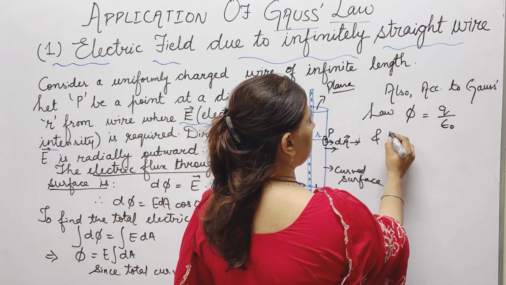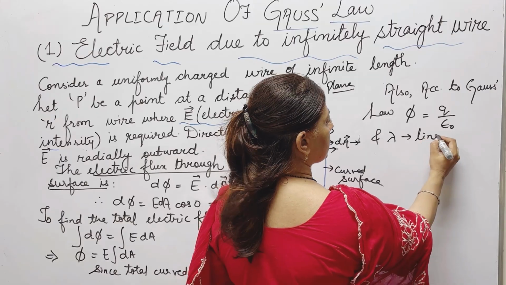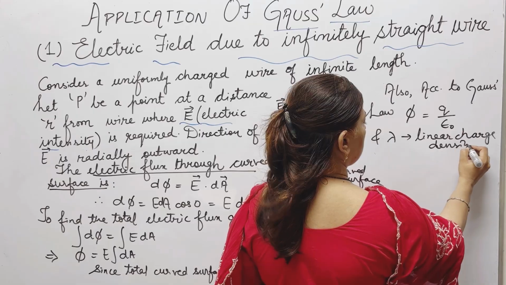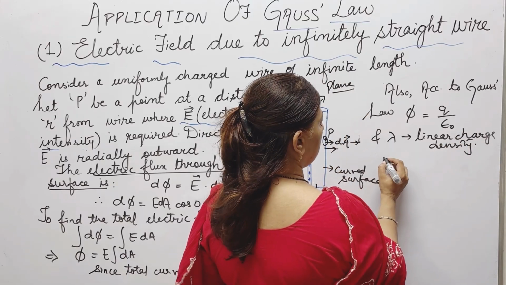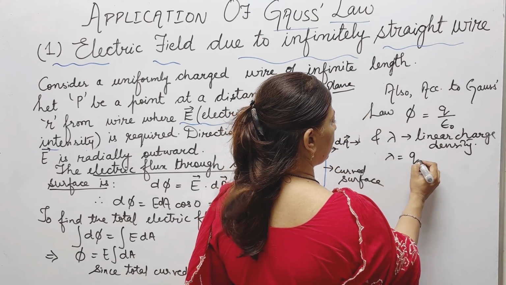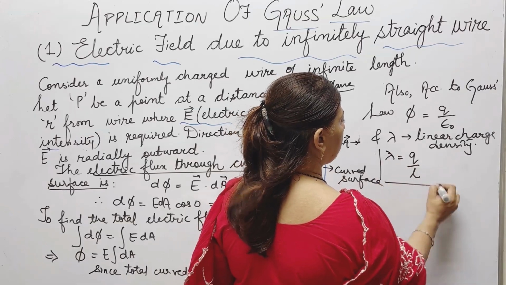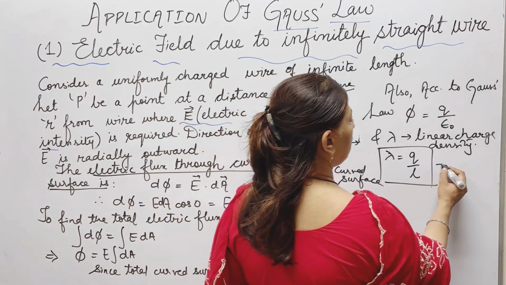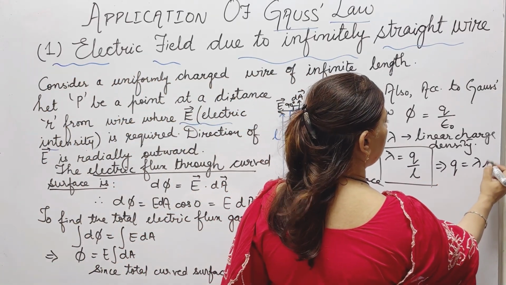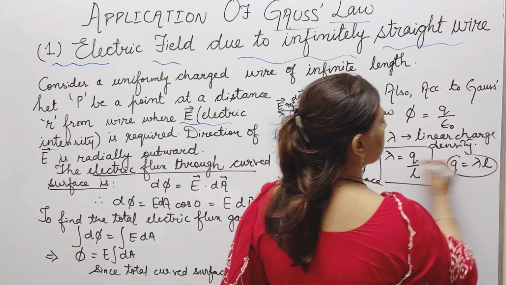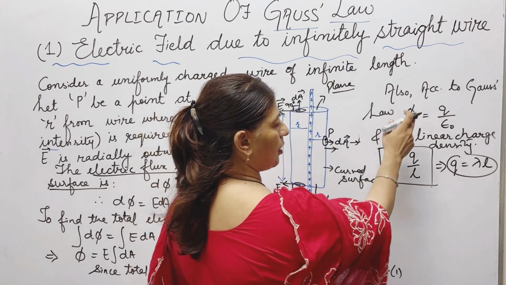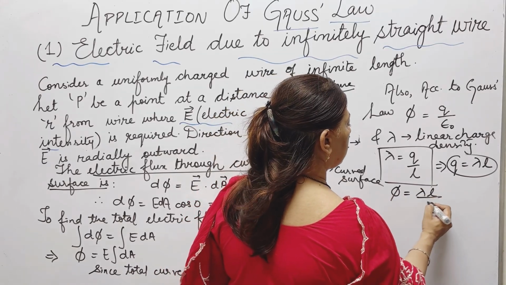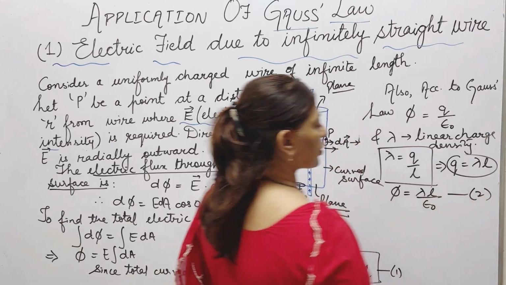If lambda is the linear charge density of this wire, then lambda is equal to Q by L. We know that linear charge density is equal to charge per unit length. From here we get the charge is equal to lambda L. Now I'll put the value of this charge in terms of linear charge density in the above equation. So we get phi is equal to lambda L by epsilon naught. Mark it as equation number 2.